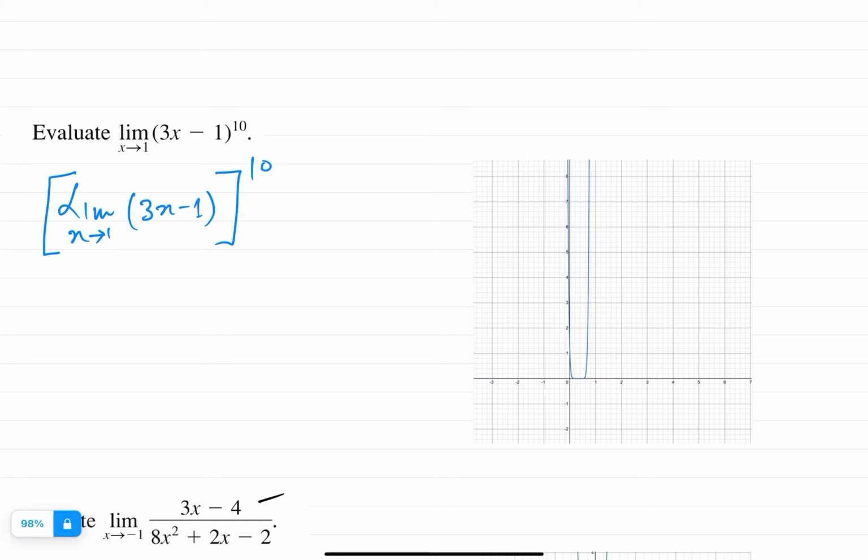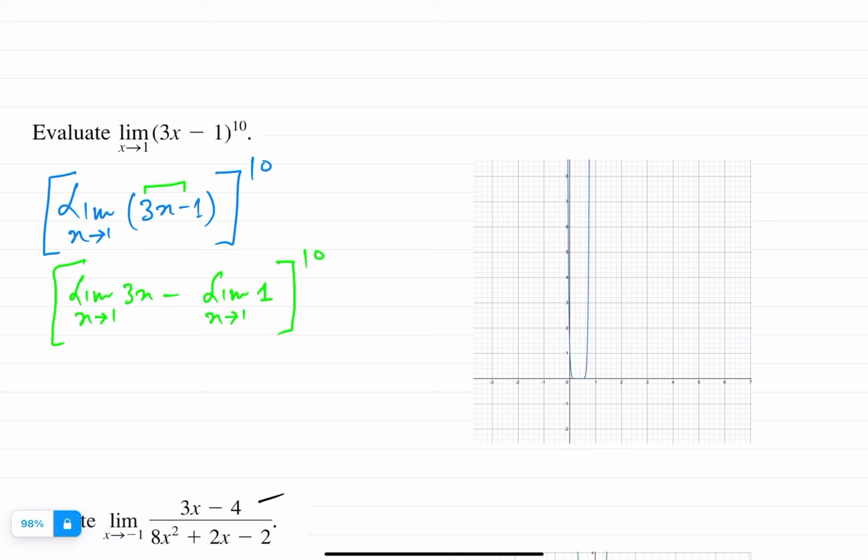It is in difference form, so we can take the limit as x approaches 1 of 3x, and the limit as x approaches 1 of the function 1 raised to the power 10.